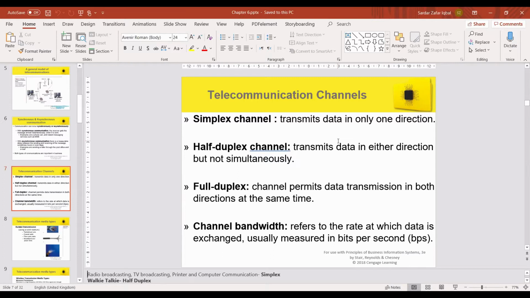Remote control. You can press it and it will pass the signal in one direction. Data will be transmitted only in one direction. So you're transmitting data to the television or anything, but in one direction. You're not receiving data in the remote, right?